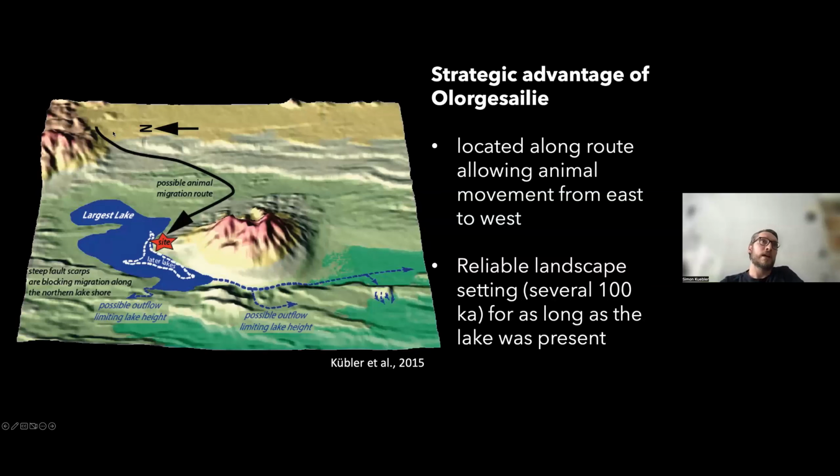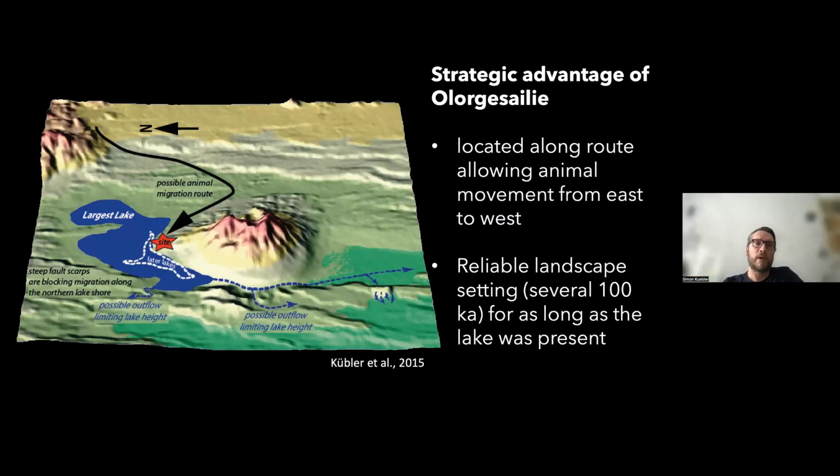You can see that one of the possible main animal migration routes would actually lead along the Olugusali Acheulean site. So it's basically located along a strategically important location in the landscape for as long as the lake was present.